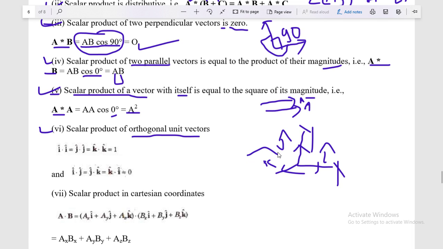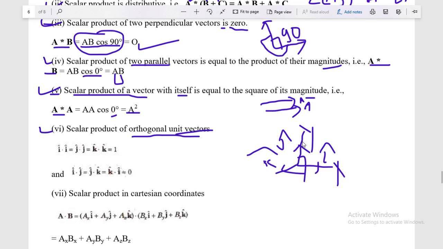So these three unit vectors along three mutually perpendicular x, y, z axes are known as orthogonal unit vectors. The angle between i and j is 90, the angle between j and k is again 90, and the angle between i and k is 90.